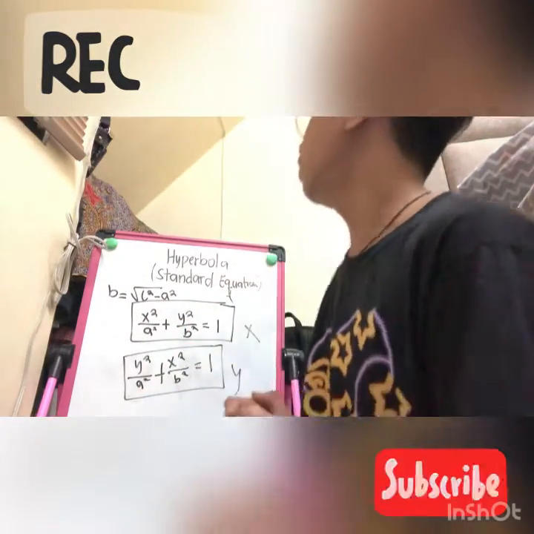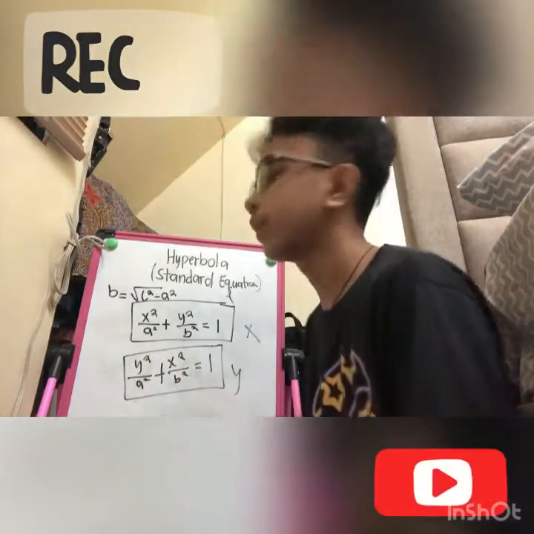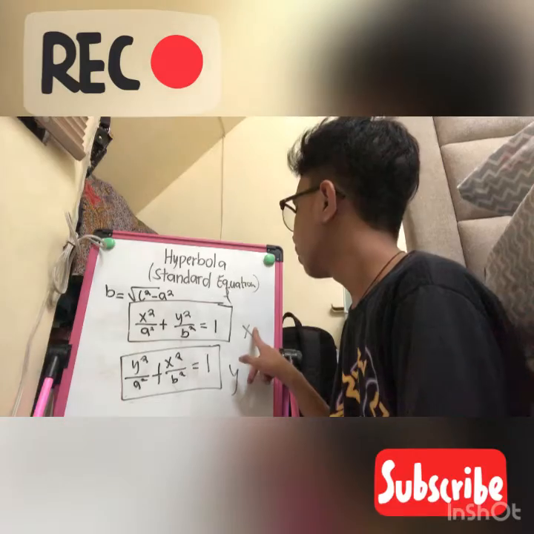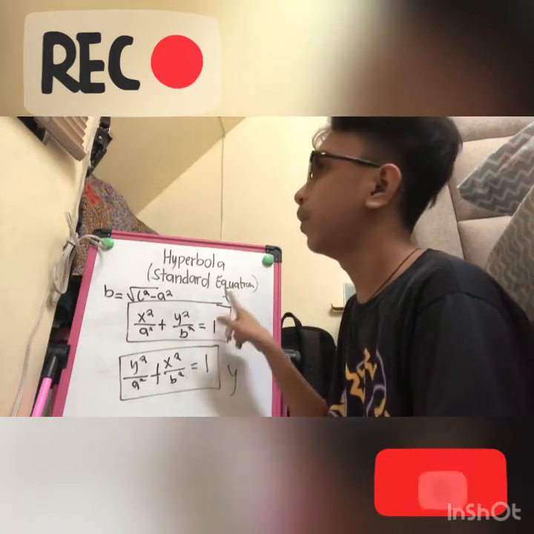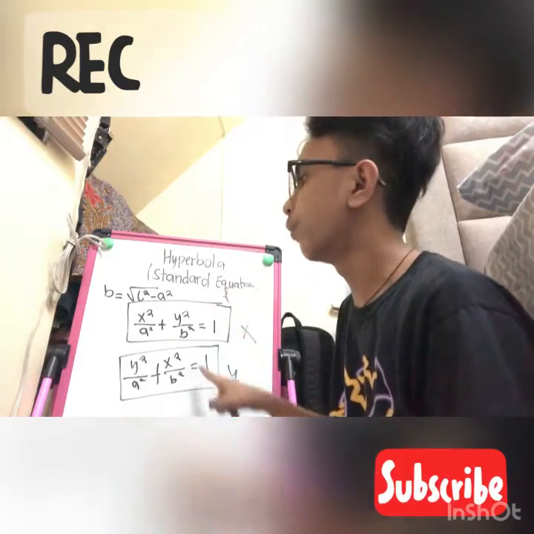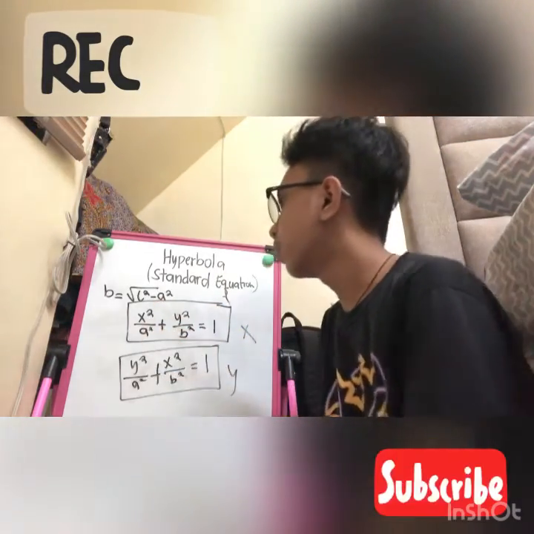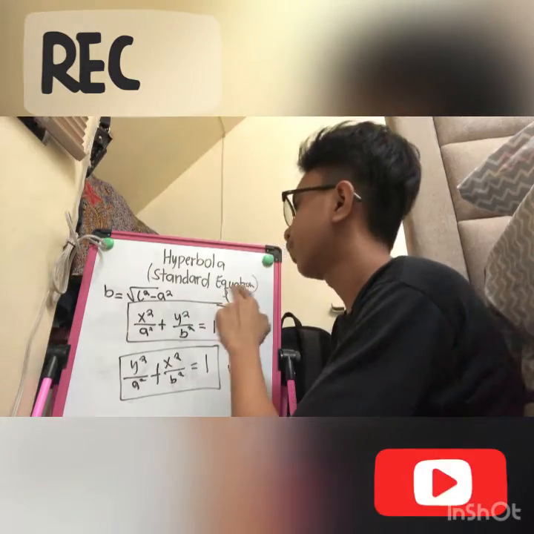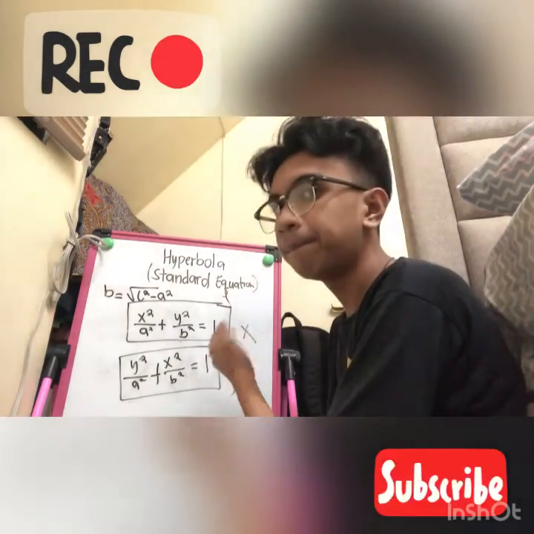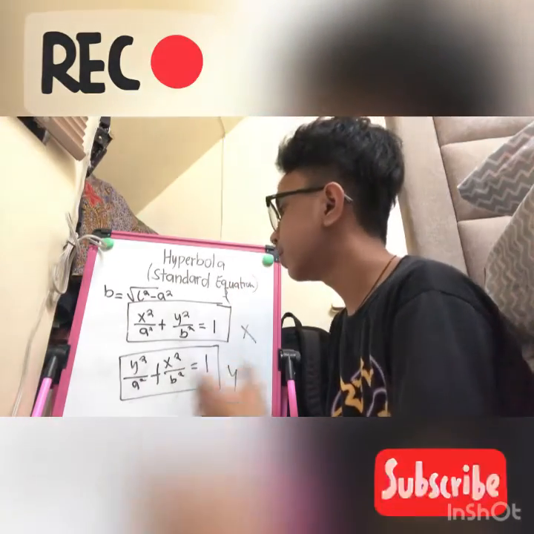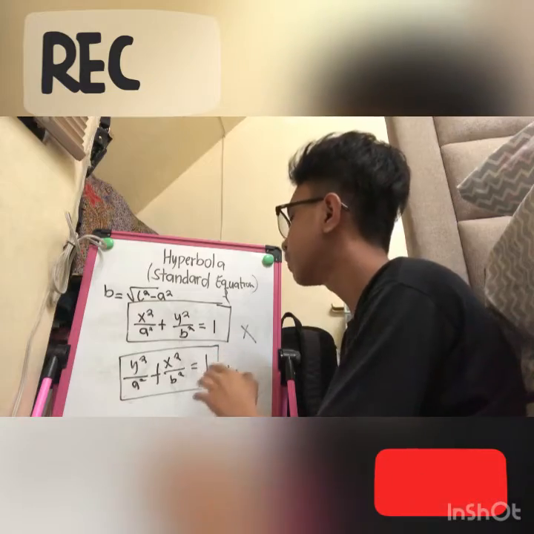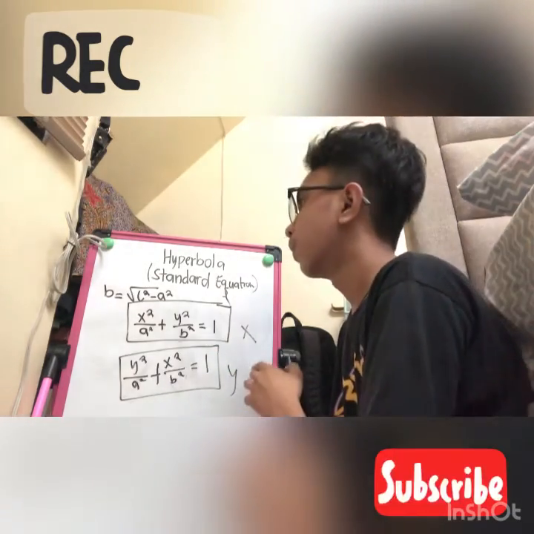B equals the square root of c squared minus a squared. Okay, now let's move to the standard form of the equation with the center at the origin. Here is the pattern when the transverse axis is the x-axis: x squared over a squared minus y squared over b squared equals 1. And here, for the y-axis: y squared over a squared minus x squared over b squared equals 1.